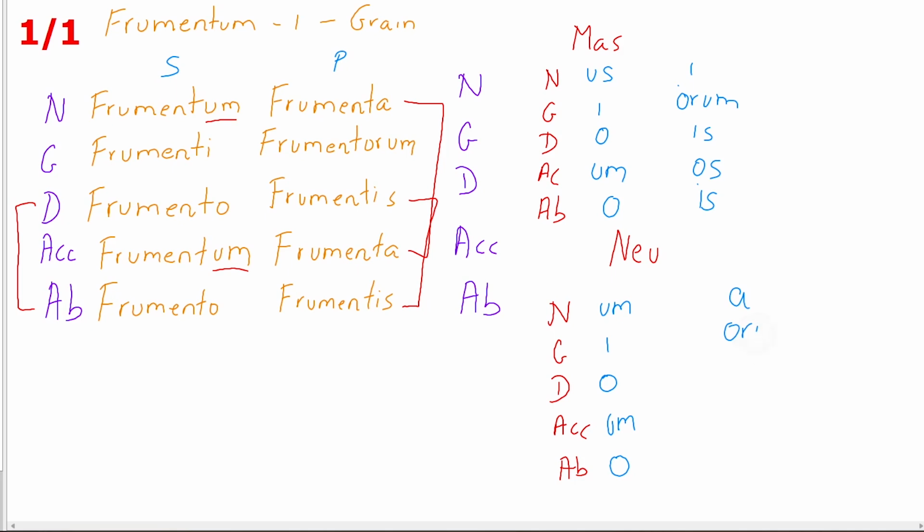Genitive plural again ends with orum. Dative plural ends with is. Accusative plural ends with a. Ablative plural ends with is. So just keep in mind the differences that you have. So only the nominative singular and nominative plural change, and the accusative plural in the neuter.